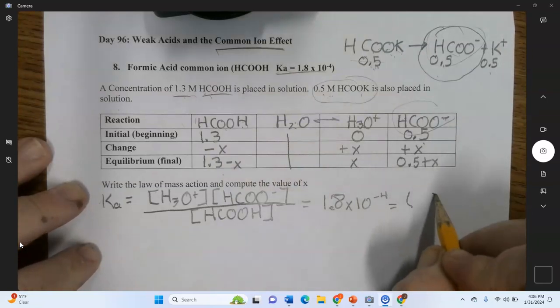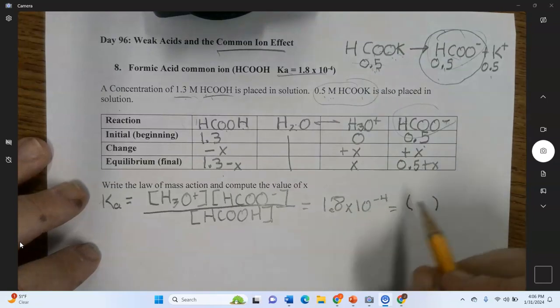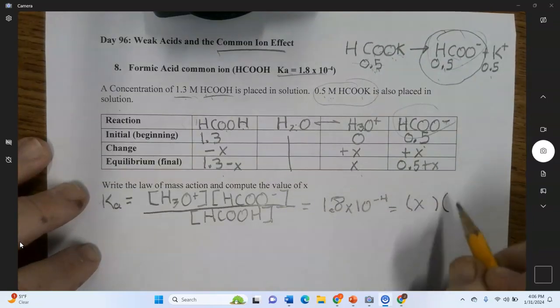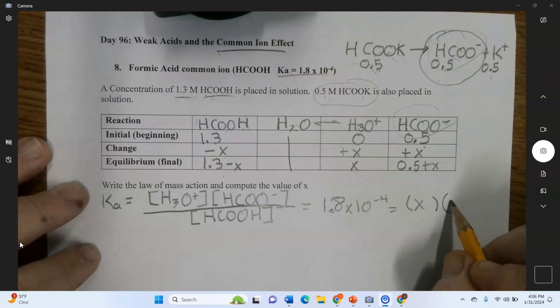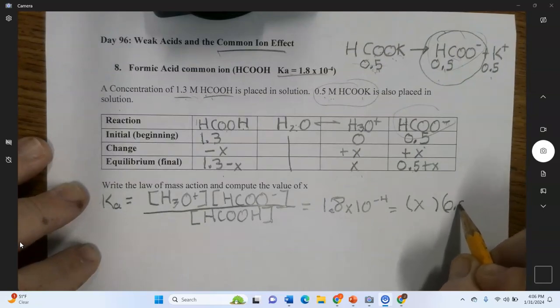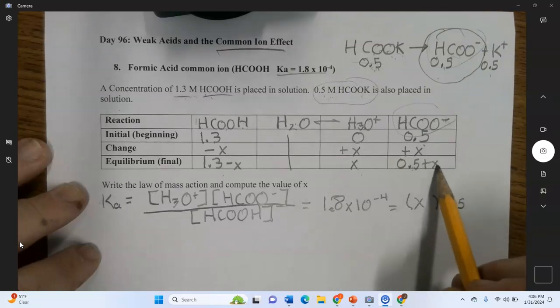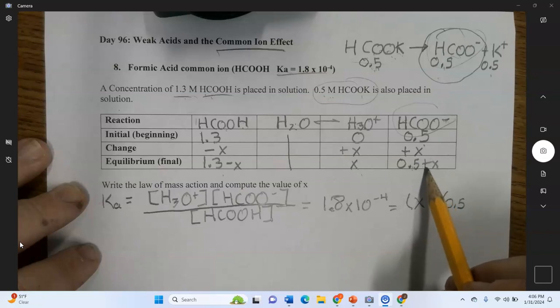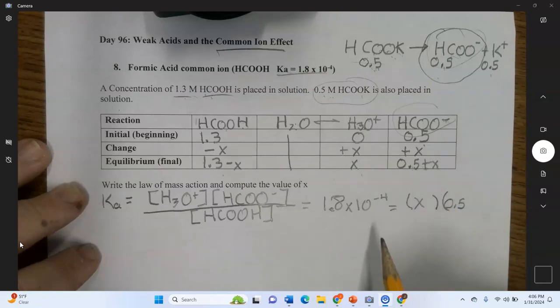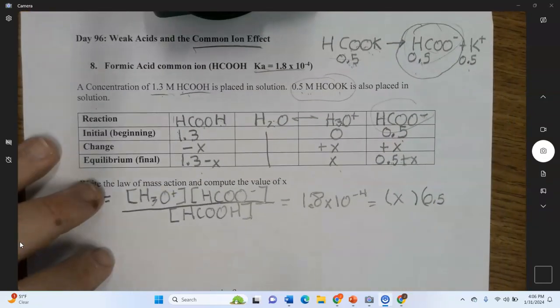Now on the top, I'm going to switch to parentheses. You can do that. I got an x, and now I have 0.5 plus x. I think on the last video, there was a number plus x, and I kept saying minus x. It wasn't a minus x. You could see clearly that it was a plus x. So that was an error on my part.